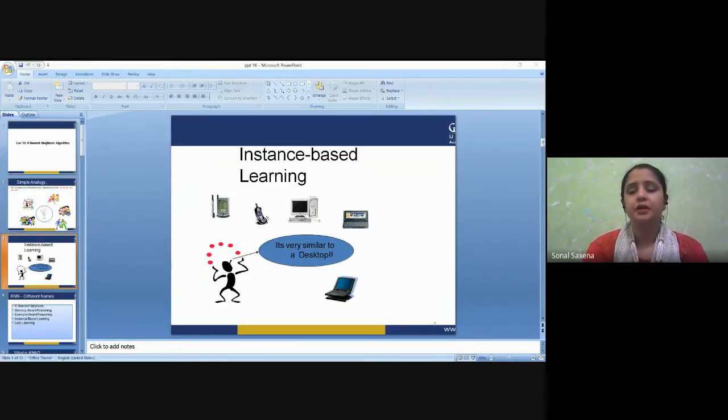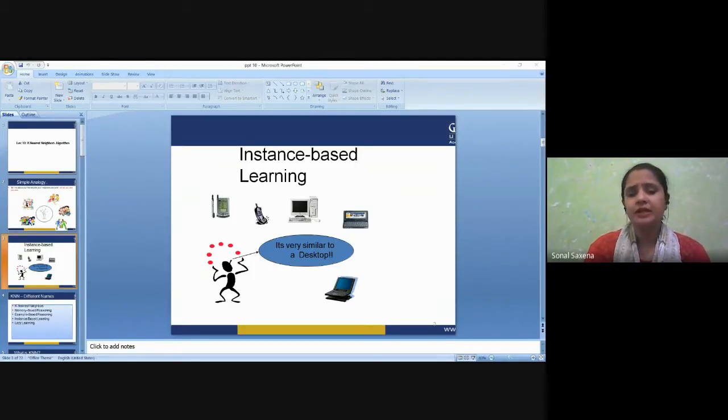Let me make it clear why we call the KNN algorithm instance-based learning. Machine learning systems categorized as instance-based learning, which reflect KNN, are those systems that learn the training examples by heart and then generalize to new instances based on a similarity measure.